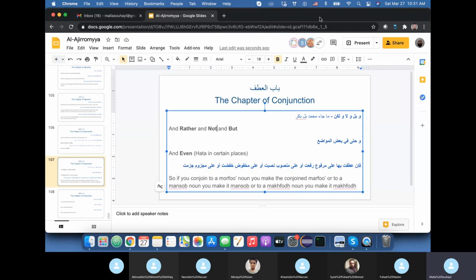Lakin is used to affirm what comes before it, and affirm the negative or the opposite of it for what comes after it, right? For example, in Arabic you would say لا أحب الكسالى لكن المجتهدين.